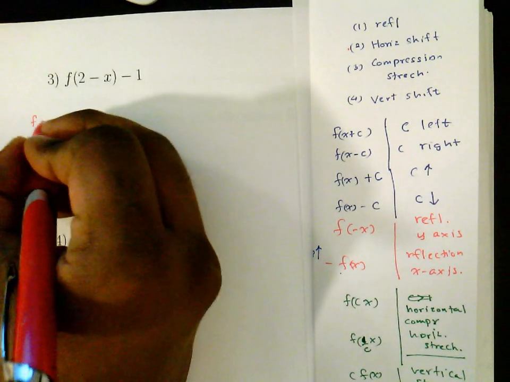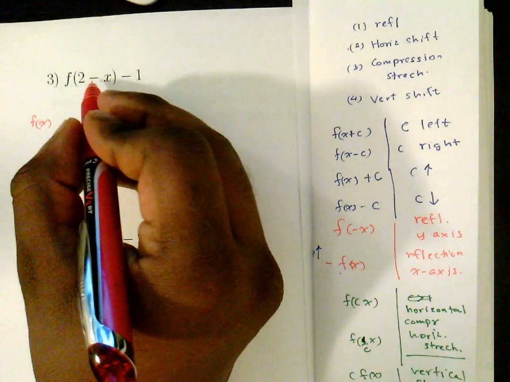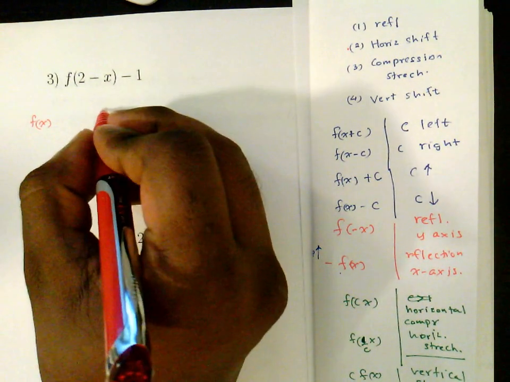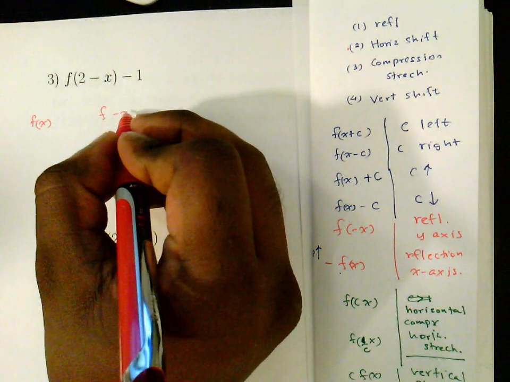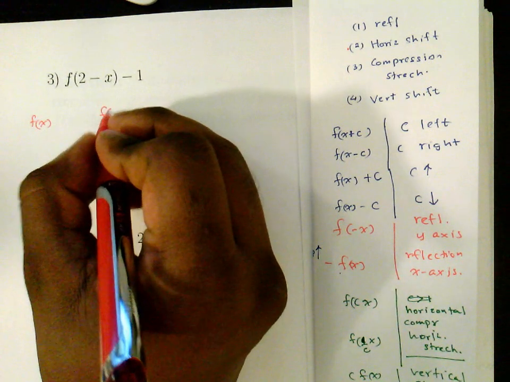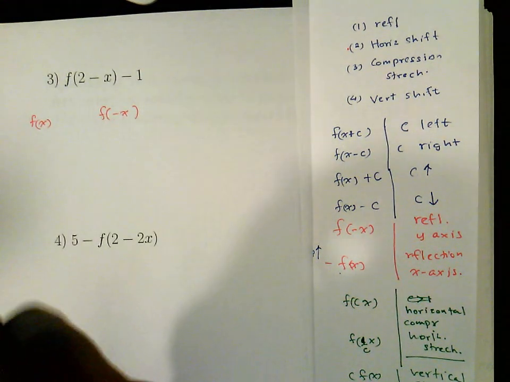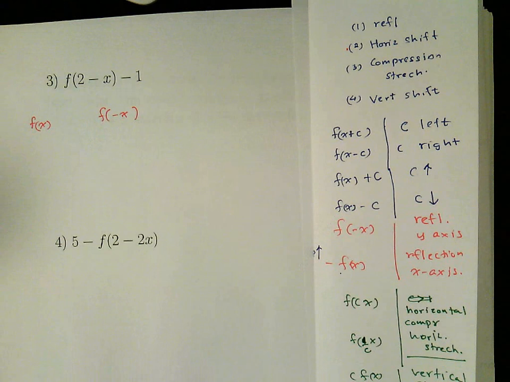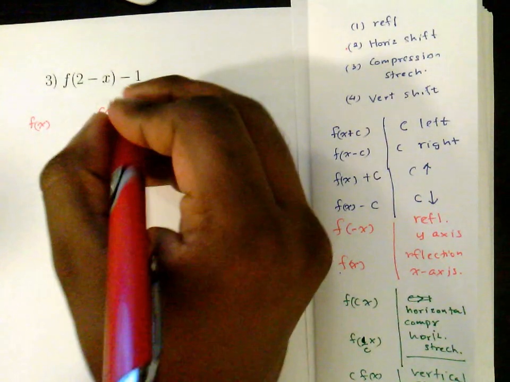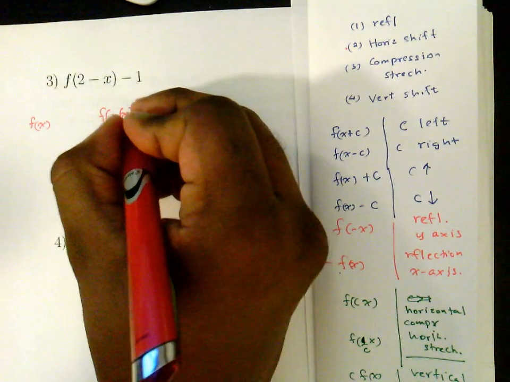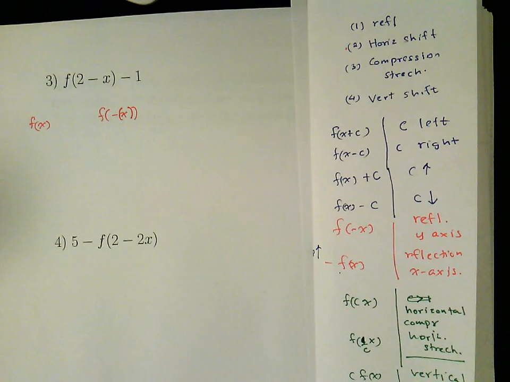So we start with f(x), and I see a minus here, so let's do f of minus x. Now you have to be very careful when you do it. My trick to avoid any of those mistakes would be just put a parenthesis right here. So I would say this is the safe bracket.